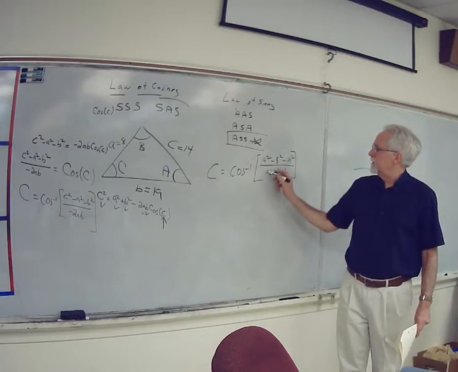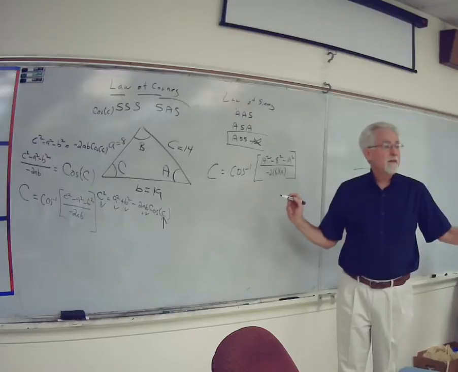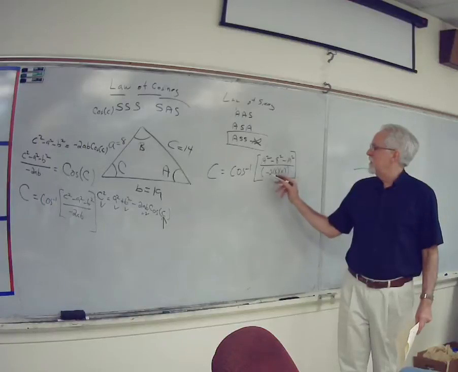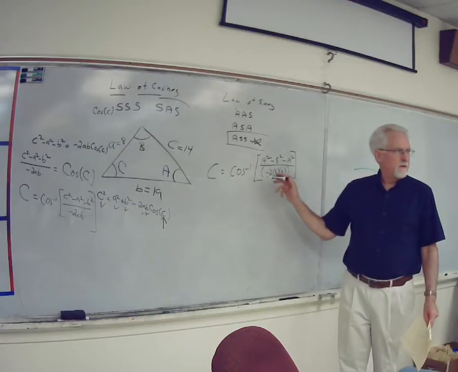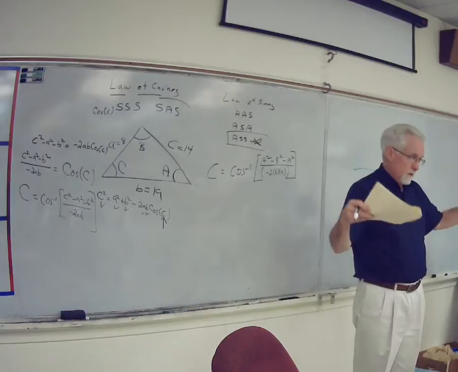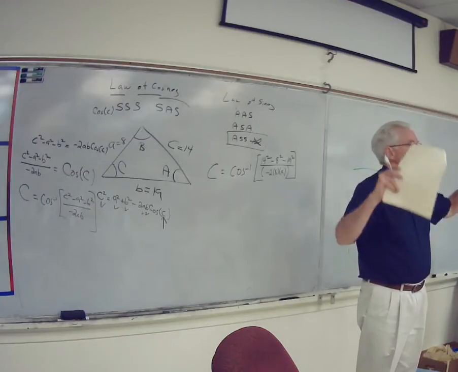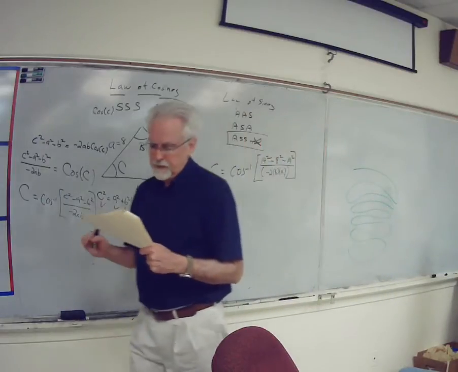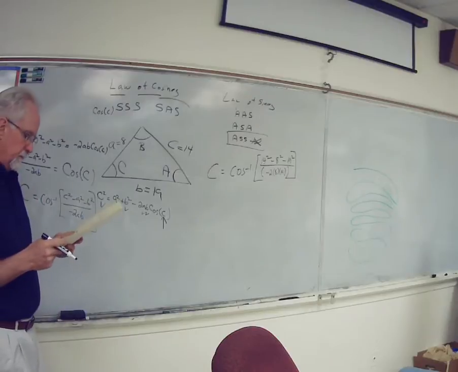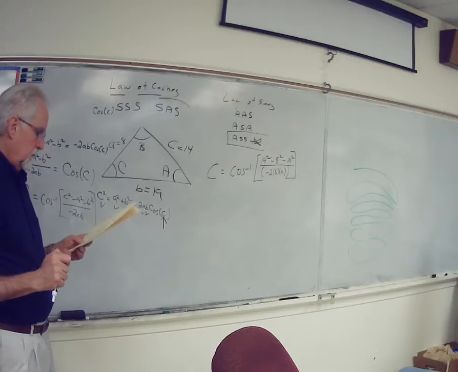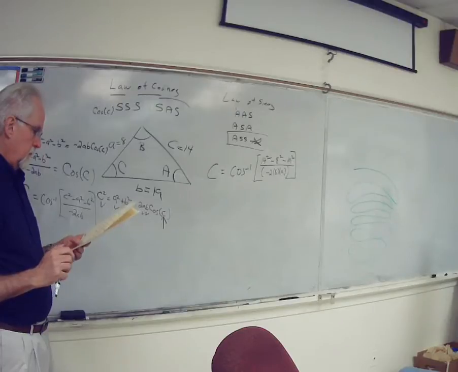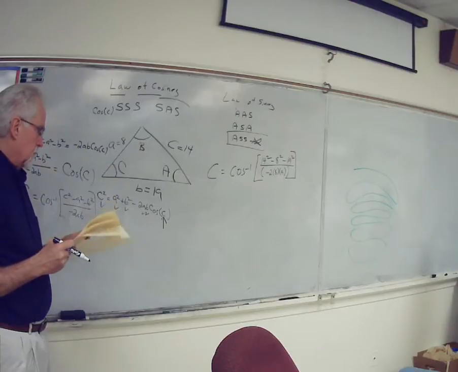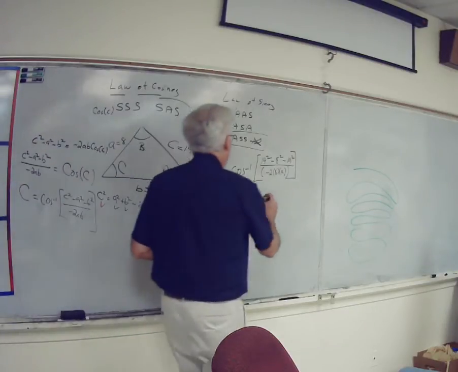Calculator tip: anytime on the calculator, put parentheses around the denominator, because if there's a plus down there and you don't use those parentheses, you're going to get the wrong answer. So always put parentheses around your denominator, and if you get in that habit, you're going to do a lot better. So what do you get for C? 41.12.